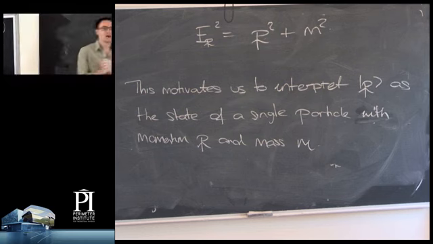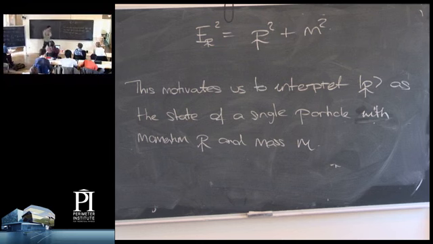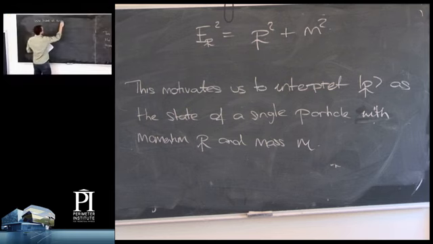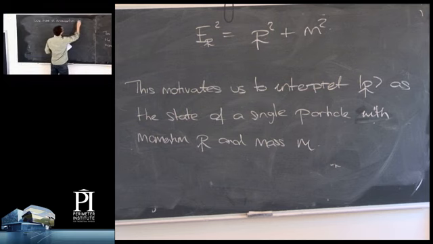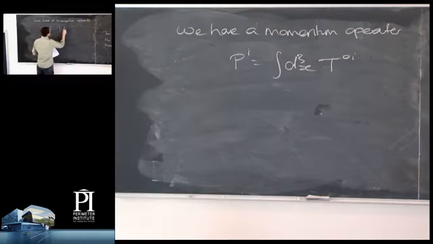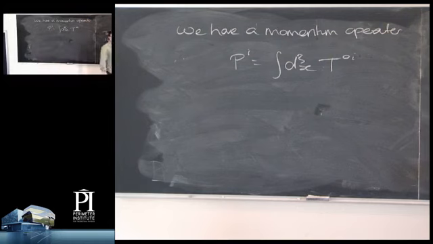Okay, I'm after something that's a conserved quantity. Where do we get conserved quantities from? Ah, fantastic, good. So we have this operator, Pi, which was the integral of T0i over all of space.